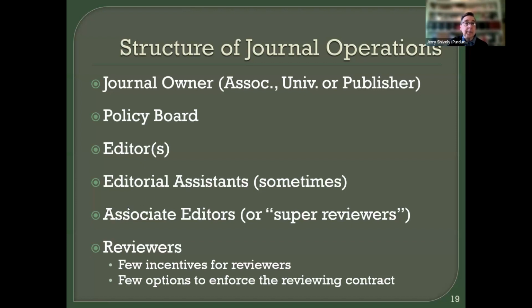There's typically a set of associate editors who sometimes serve as super reviewers for the editors. And then reviewers. And reviewers are typically just researchers like yourself who are asked to judge the quality and content of the papers that are submitted to the journal and to make a recommendation to the editor about whether the paper is suitable for publication.